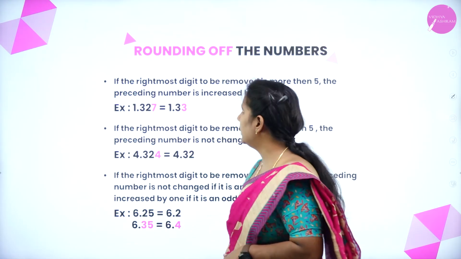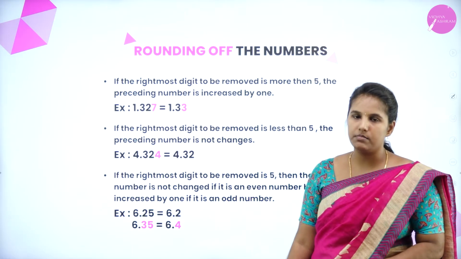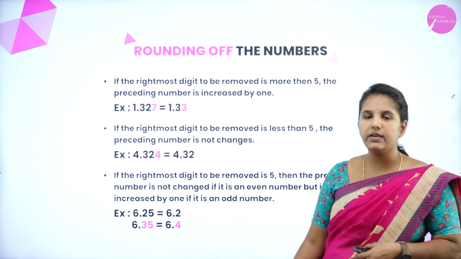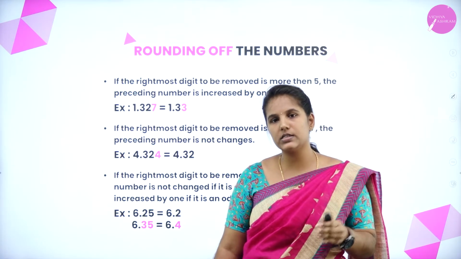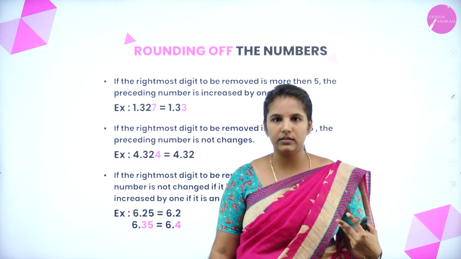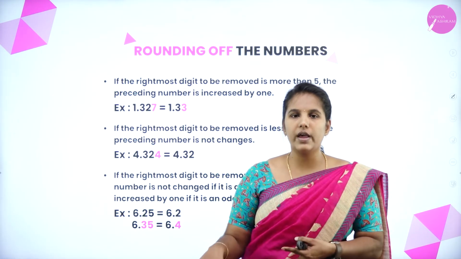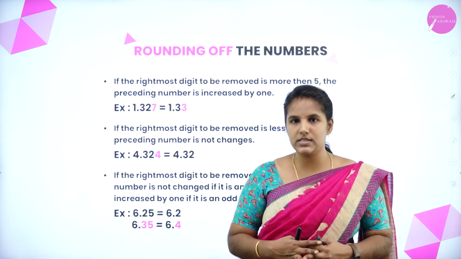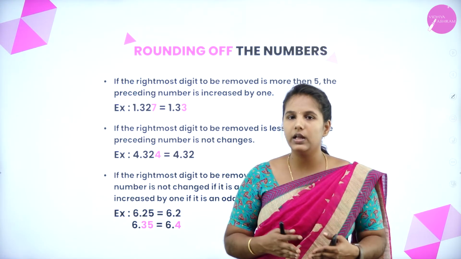Next, we'll move on to the rounding of numbers. So, we already know that significant figures are meaningful digits which are known with uncertainty, right? A lot of errors will come when you do the experiment. So after getting these results, let us discuss how to round off the numbers.